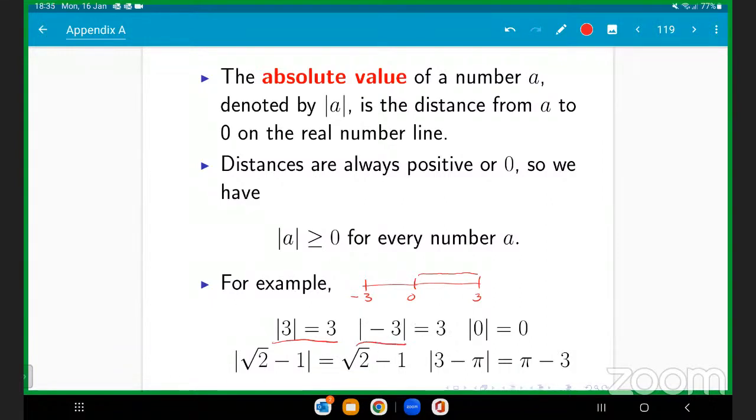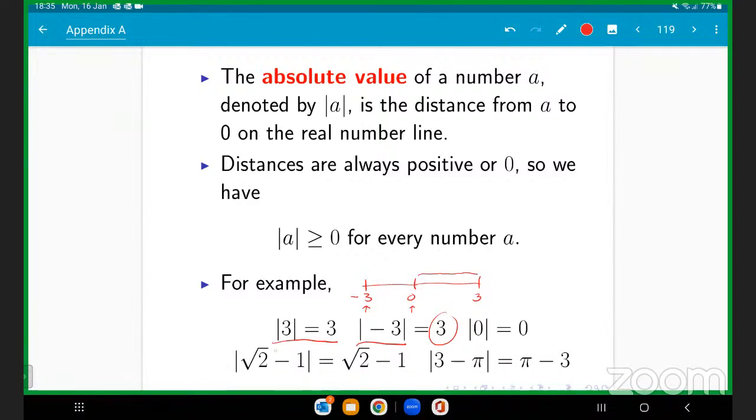And remember, absolute value is the distance of that number from the number 0. How many units do you need to cover to go from the number -3 to the number 0? Well, once again, it's 3 units. So that is why the absolute value of -3 is also 3. The absolute value of 0 is 0. There's a 0 distance from 0 to itself.